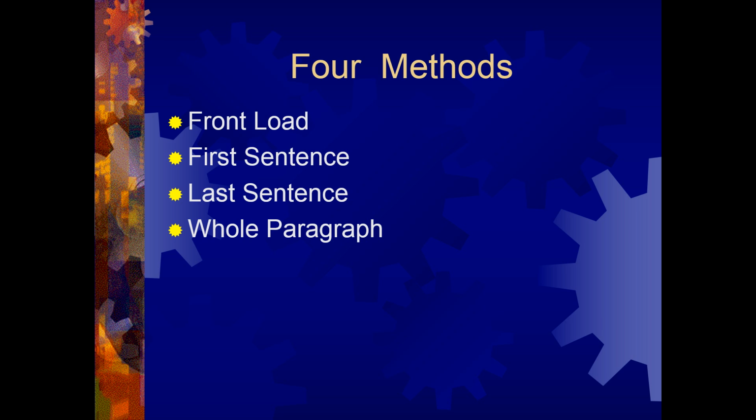One method is what I'll call the front load method, the first sentence method, the last sentence method, and the whole paragraph method. Now, if you're not familiar with what those terms mean, don't worry, I'm going to fill in those blanks momentarily.